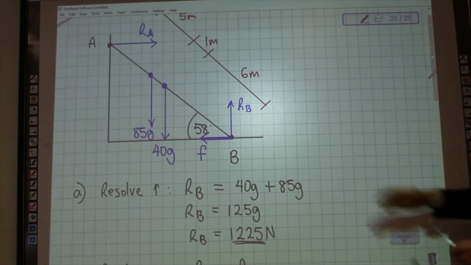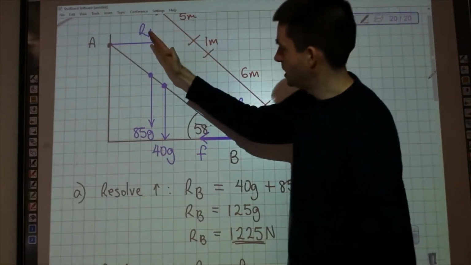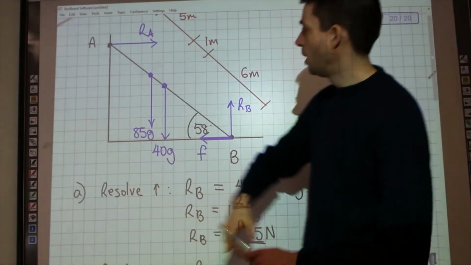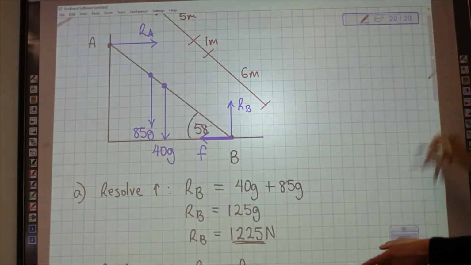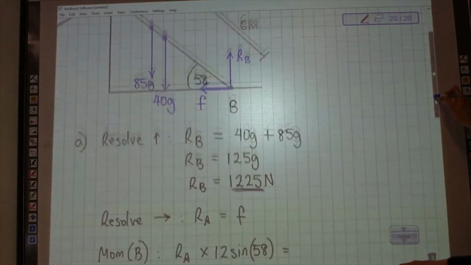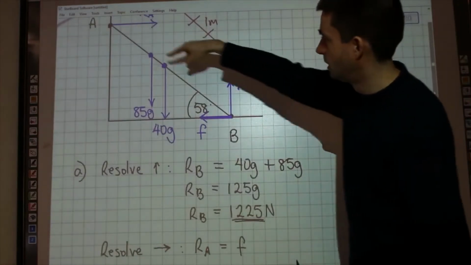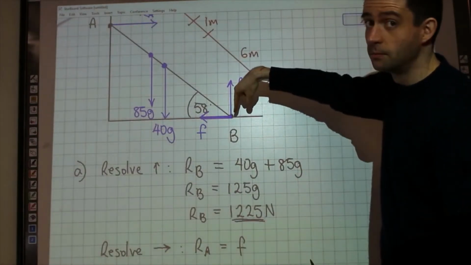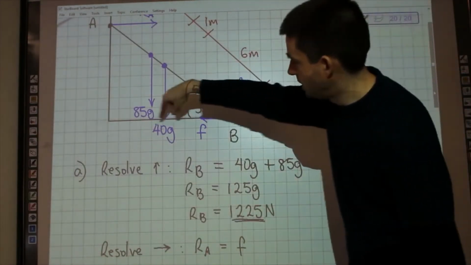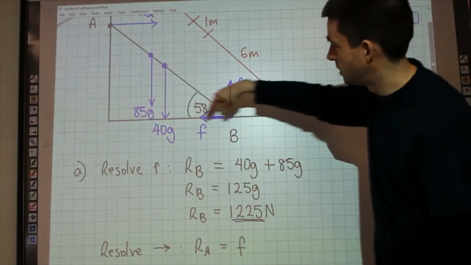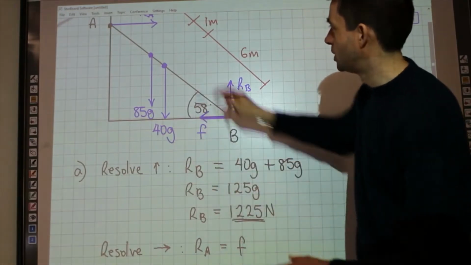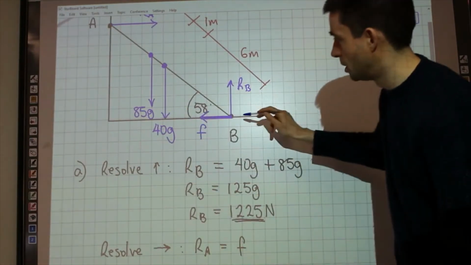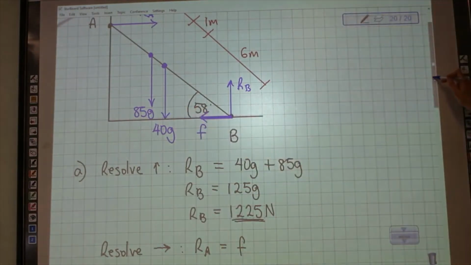Okay, anti-clockwise moments then, pivoting on B. What's trying to make it go this way? Well, it's two forces. It's 85G and 40G. Now 85G is a distance of 7 from the point that I'm taking moments about. I need to know the perpendicular distance between the line of action of that force and this point. So 7 meters times by cos 58 is going to get that for me.